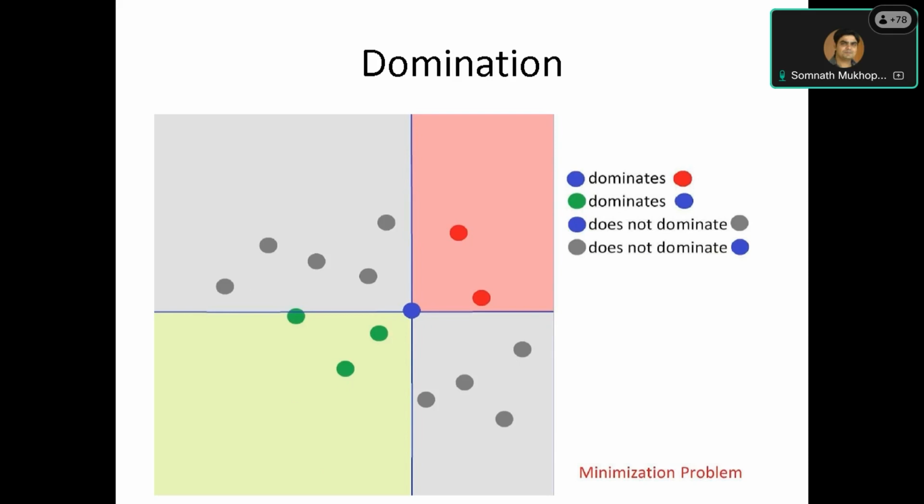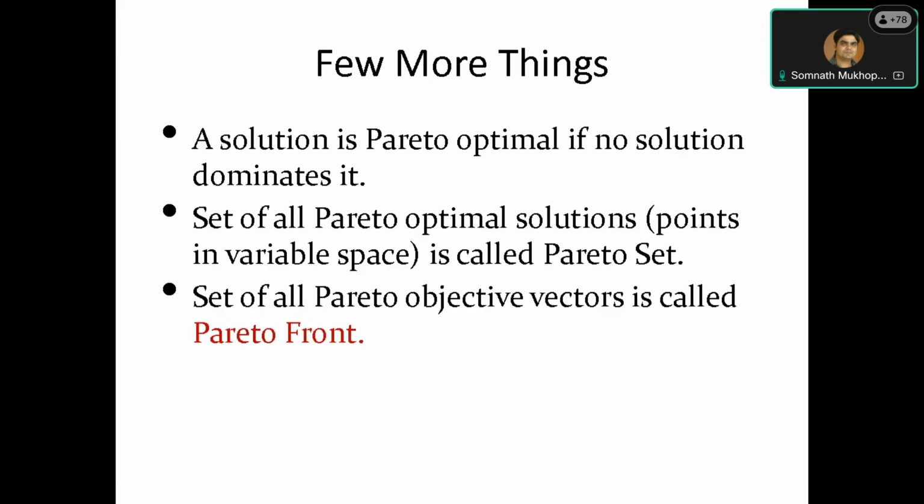And gray cannot dominate the blue one because gray has a smaller x value. When you consider the x value, one solution is better, and when you consider the y value, the other solution is better. So they are not comparable. Both are non-dominating in nature.